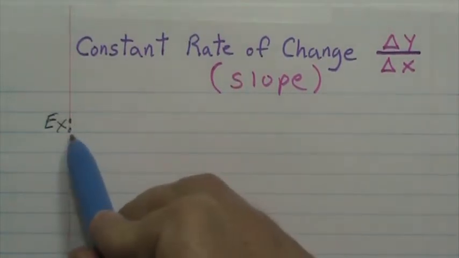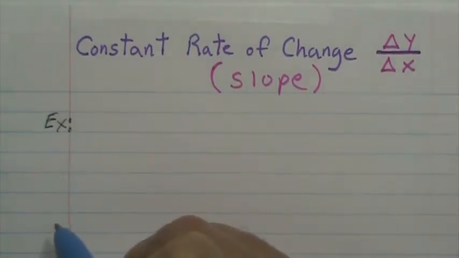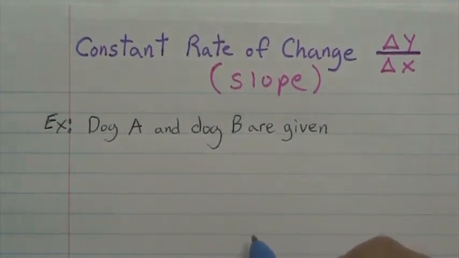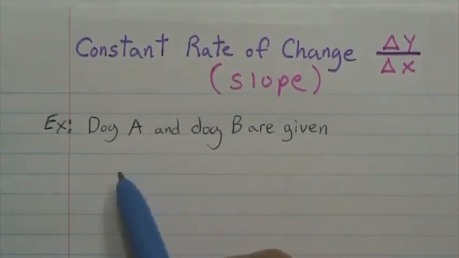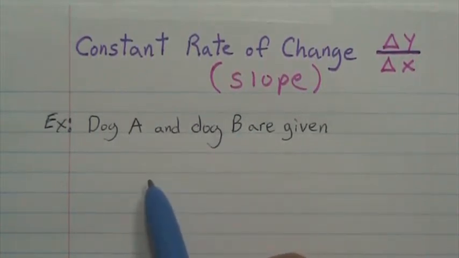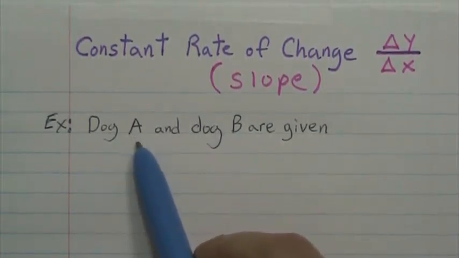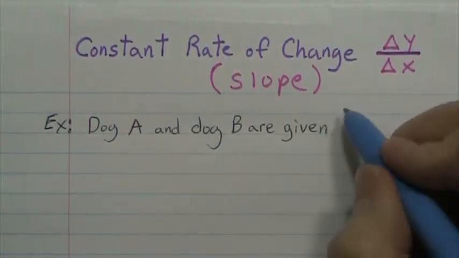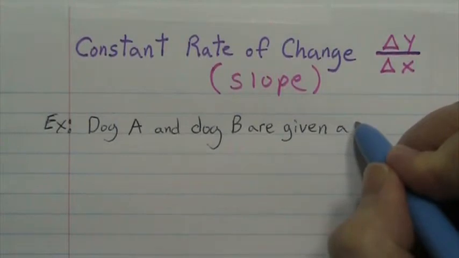Okay, so let's write an example of this. We just have a couple of sentences to write. So we have dog A and dog B. 2 dogs. Dog A and dog B are given a bath.